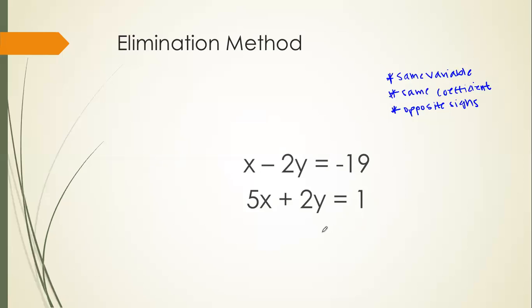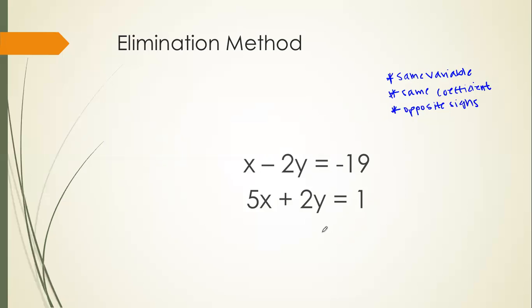So in these two equations, do you see one that fits this description? So I'm saying between the two equations, they have the same variable with same coefficient, opposite signs.